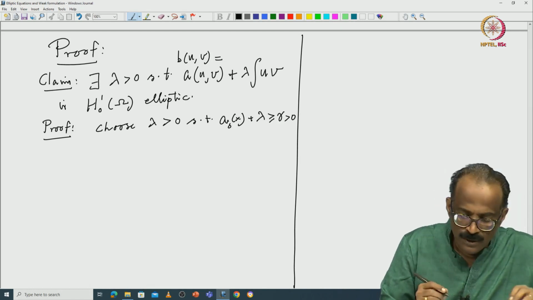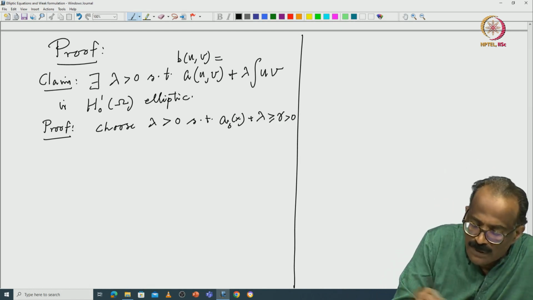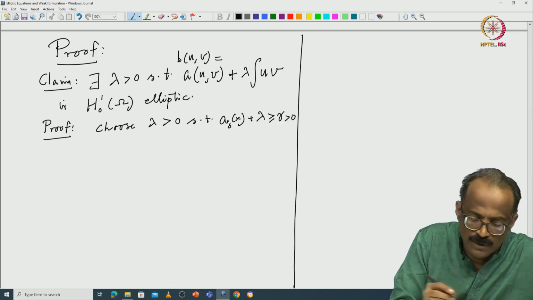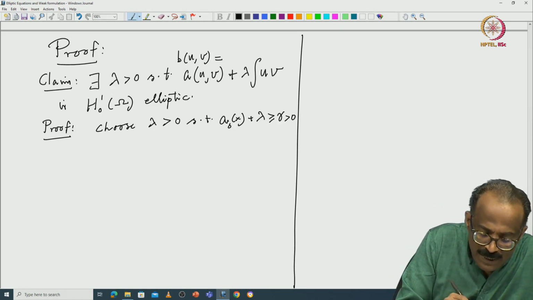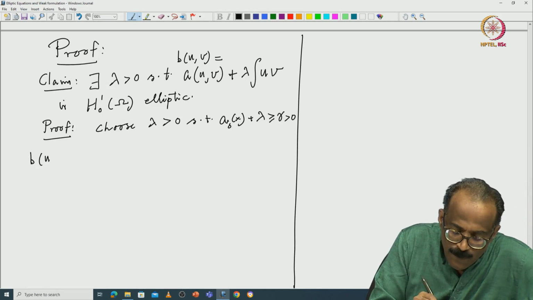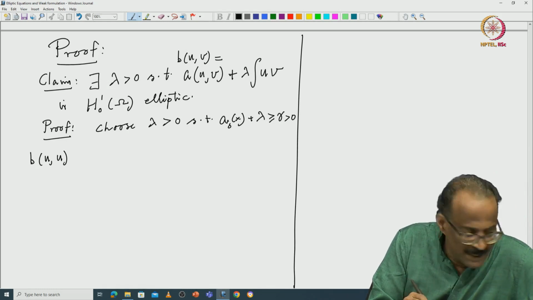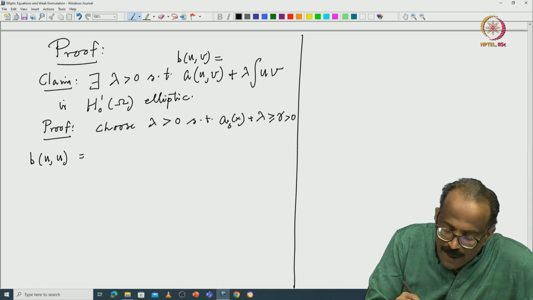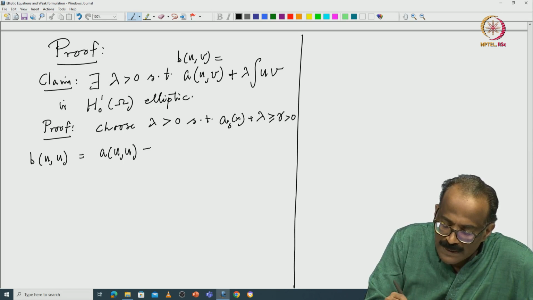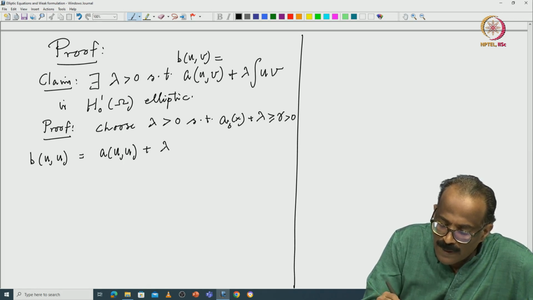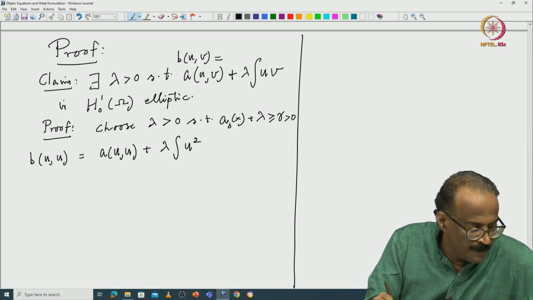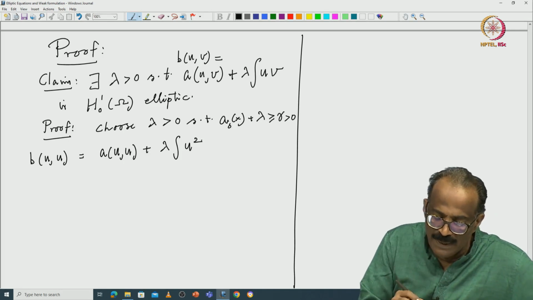So, now how do you prove that? Then what is b(u,u)? b(u,u) is equal to a(u,u) plus lambda integral of u square. So, this can now be estimated.